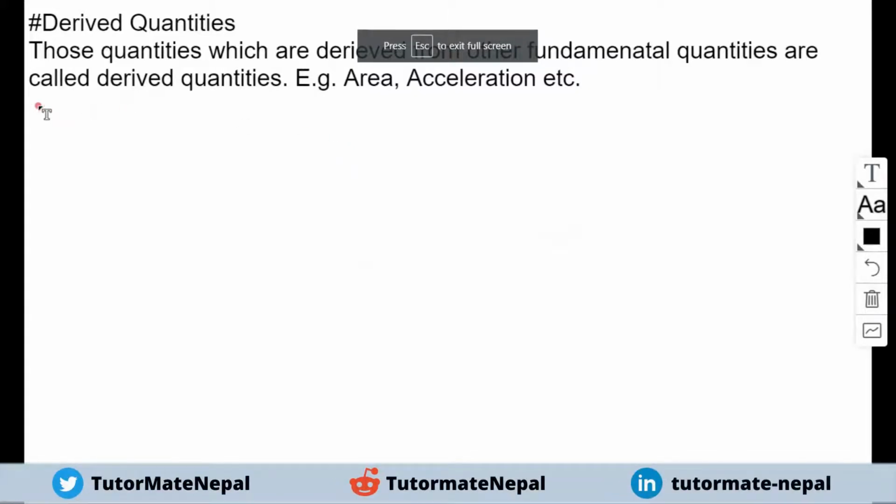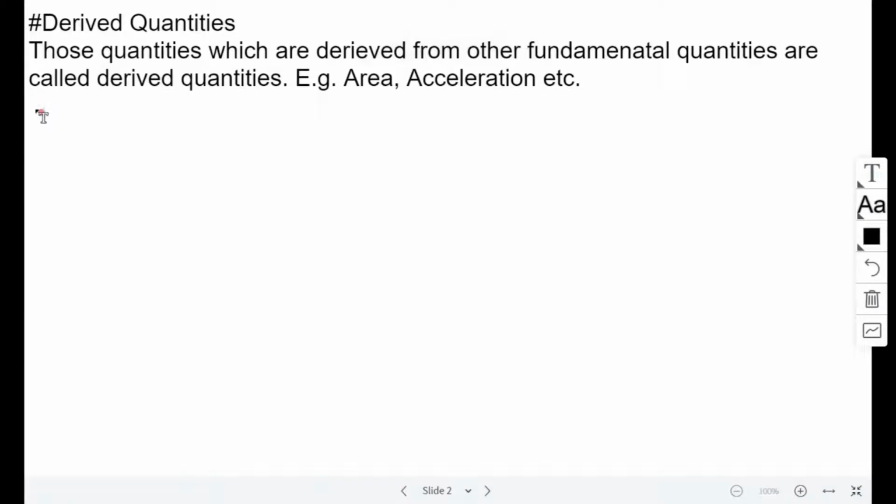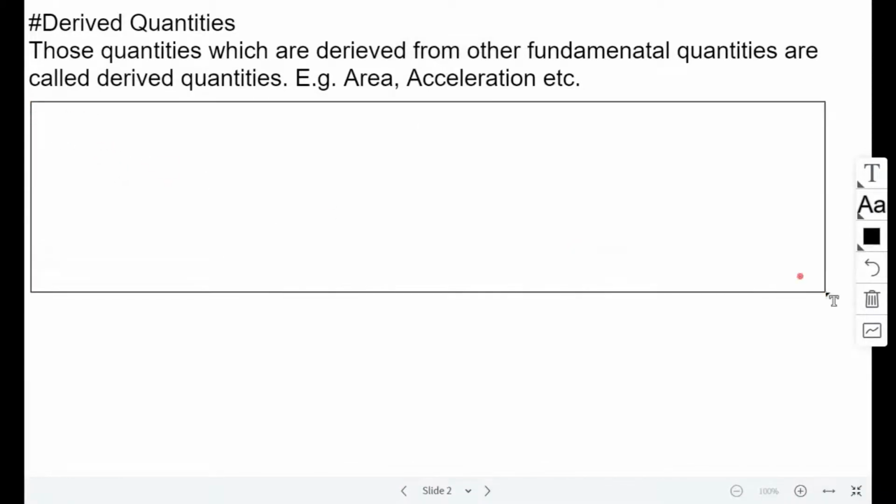Okay, so now let us move to systems of measurement.